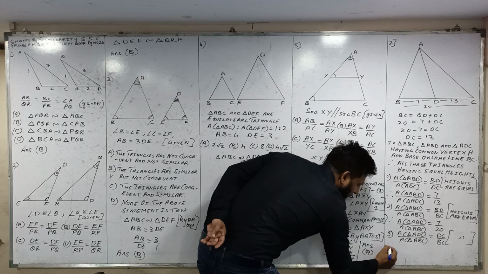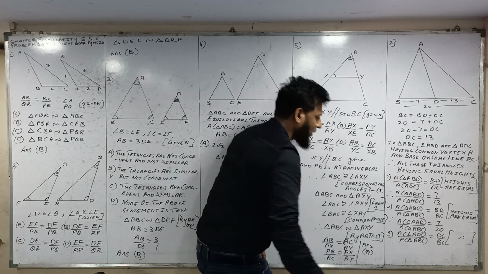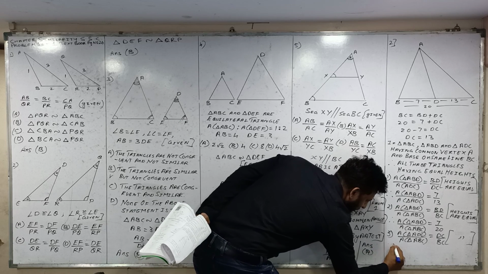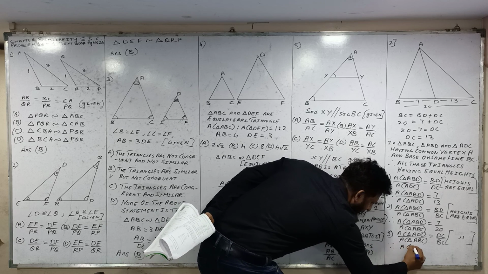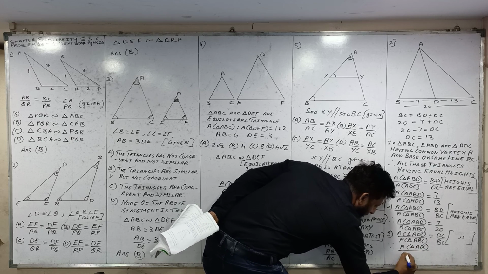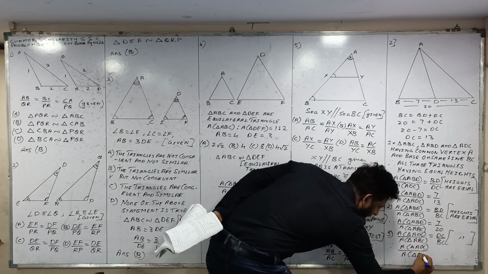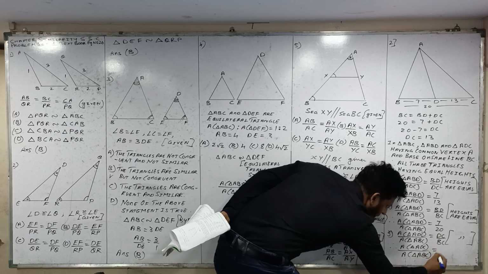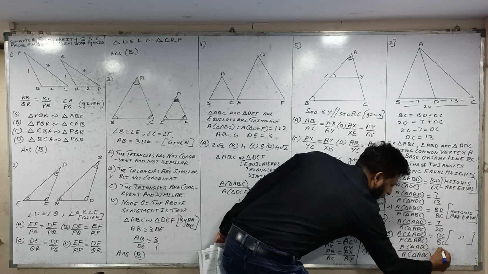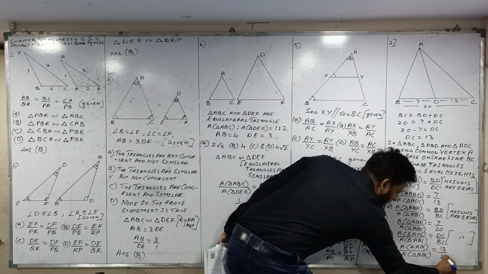Therefore, the area of triangle ADC upon the area of triangle ABC is equal to DC, which is 13, upon BC, which is 20.